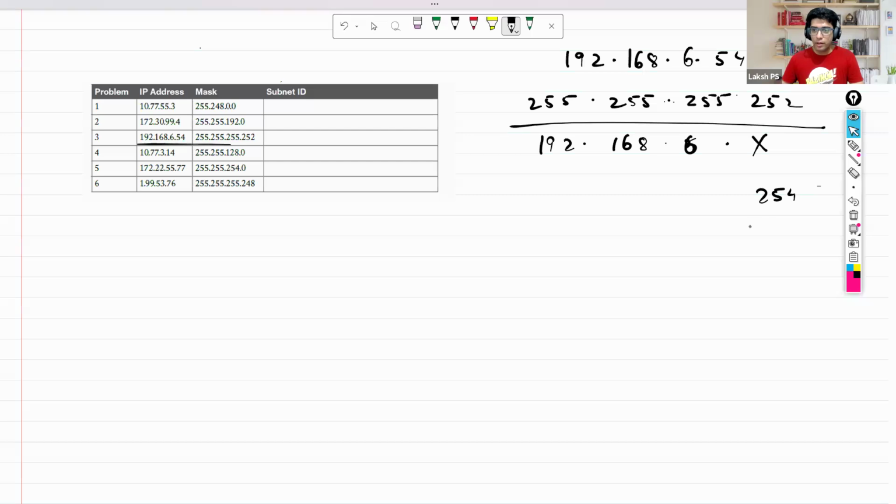So 254 minus 252 gives us 2. So we have to write the multiples of 2, so obviously we will reach till 250, 252, then 254.